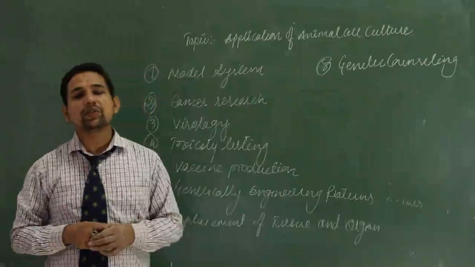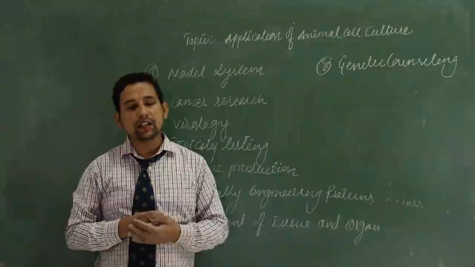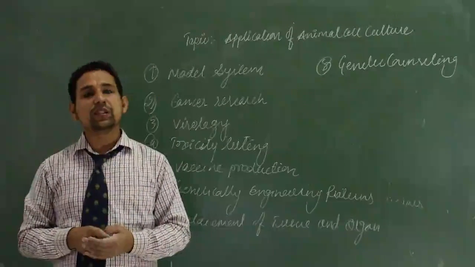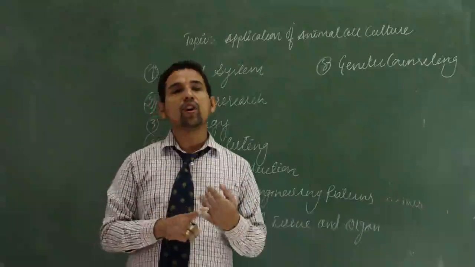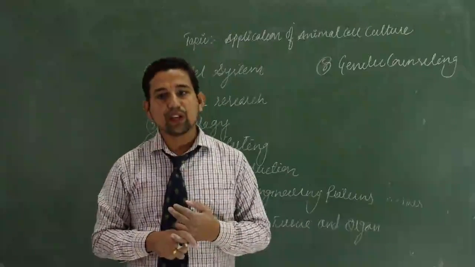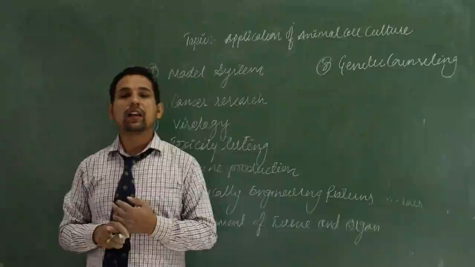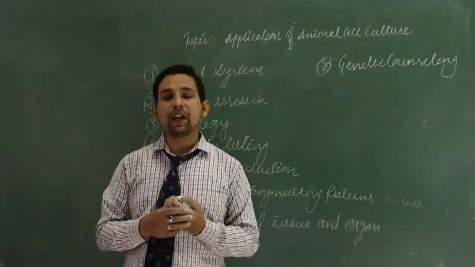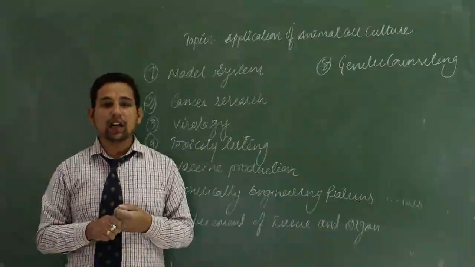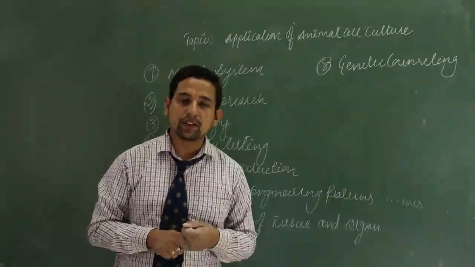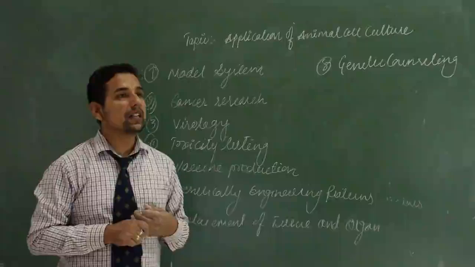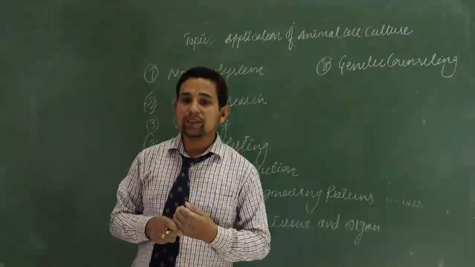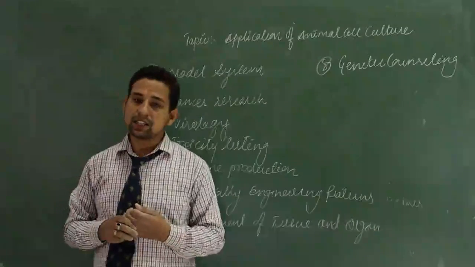So, in genetic counseling, fetal cell culture extracted from the pregnant woman can be used to examine abnormalities of chromosomes and genes using karyotyping, and these findings can be used in early detection of fetal disorders. So animal cell culture is also used for genetic counseling in various fetal cell cultures.